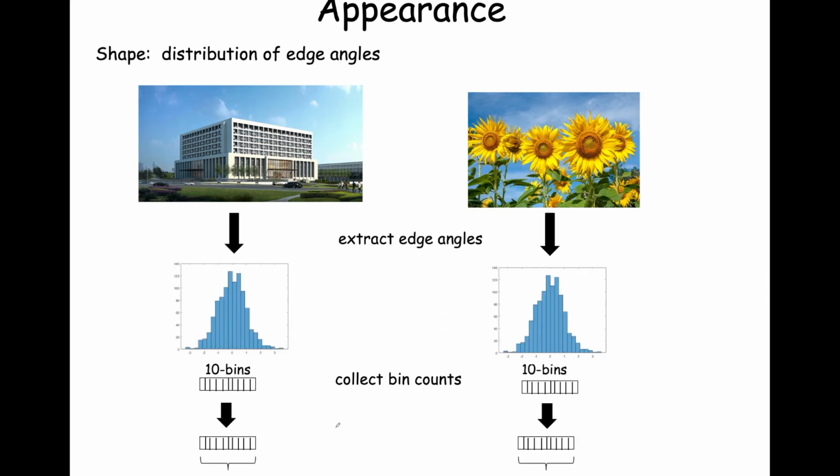Okay, so let's do the same with the edge map for edge orientation. We take our image for the building, we compute the edge map with respect to x and with respect to y. We compute theta through the inverse tangent of the y derivative over the x derivative, and then we take that edge map containing edge angles and we compute a histogram consisting of 10 bins.